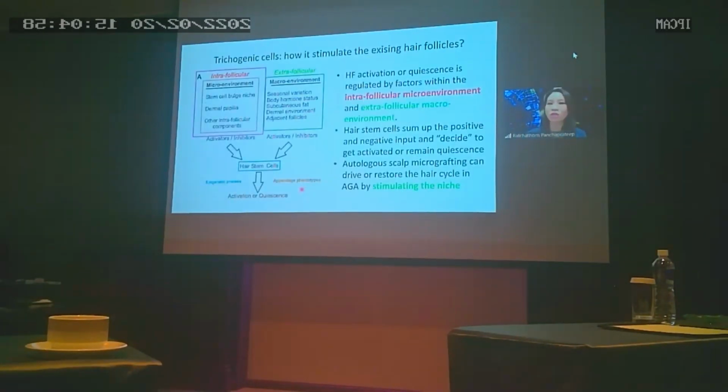So these stem cells will stimulate the existing hair follicles by changing what we call the microenvironment. The microenvironment is the environment surrounding the stem cells in the bulge area, the muscle cells, and finally they activate stem cells that are lazy in circulation.